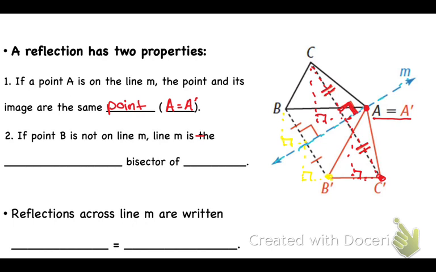So we got reflection rules. So if the point A lies on the line, then A equals A prime. I already went over that. If point B is not on the line, then M is the perpendicular bisector of the segment B prime, C prime.